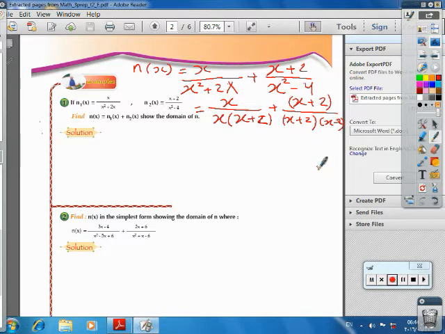After that we can cancel x with x in the first fraction, and x + 2 with x + 2 in the second fraction.